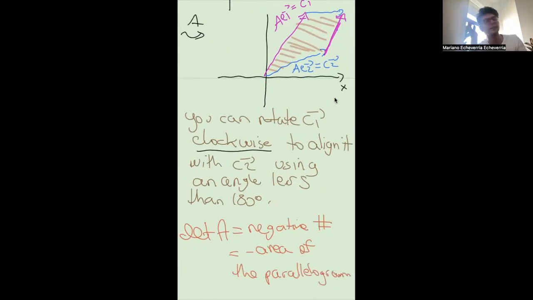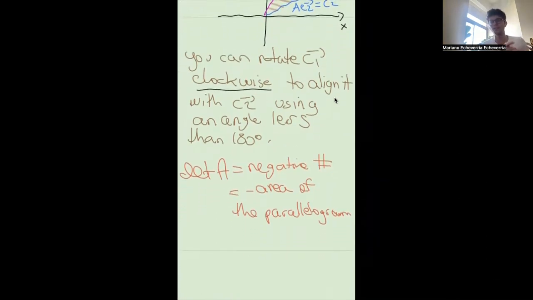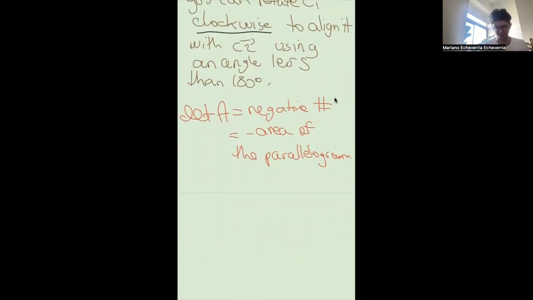The minus sign is just there to indicate whether the rotation was clockwise or counterclockwise. The sign of the determinant tells you whether you needed a counterclockwise or clockwise rotation.